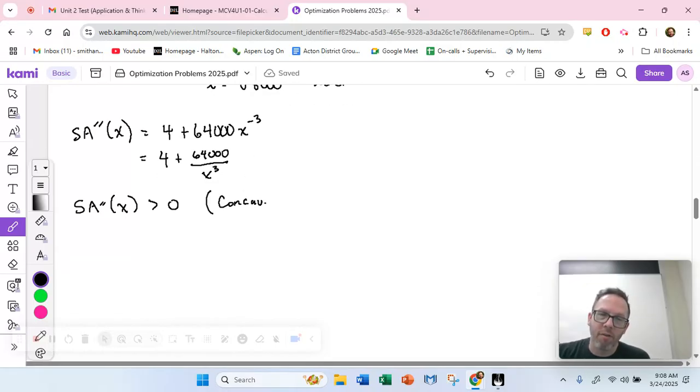So this function is always concave up, which means that point we found earlier, x equals 20, is a local minimum. We know that's going to minimize our surface area. So I'm just going to add a little blurb about that. x equals 20 centimeters gives the minimum surface area.